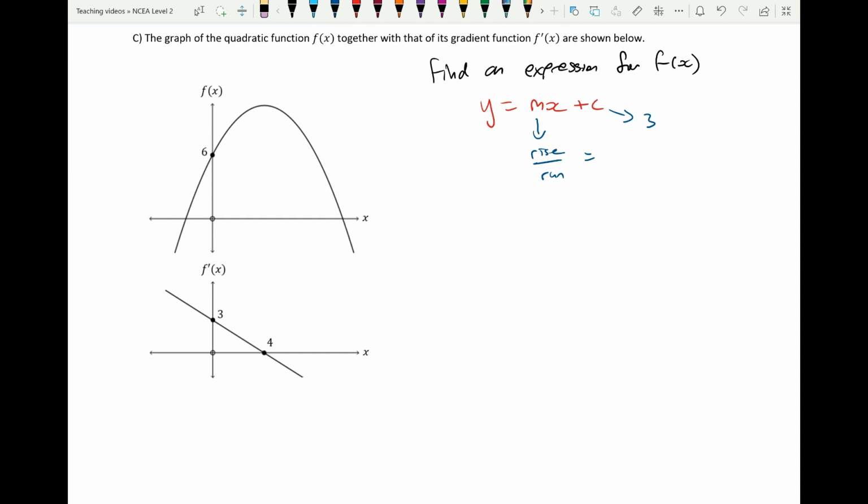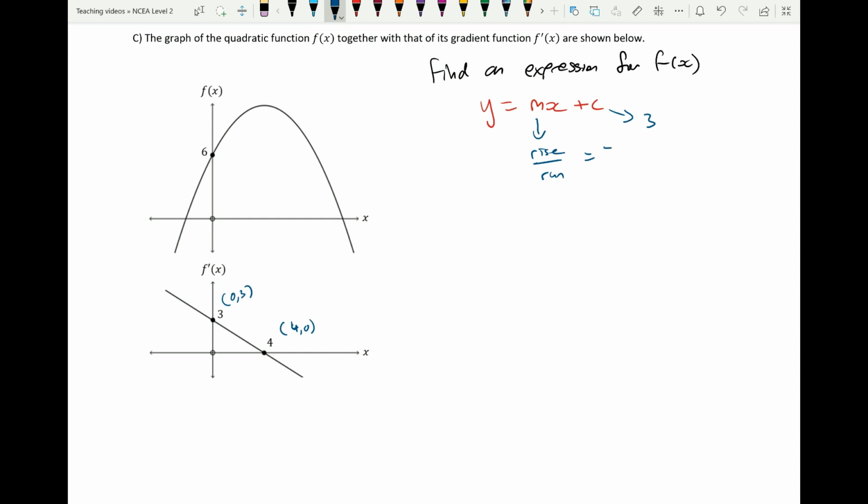Now, because we've been given 2 points, we can work out the gradient. So this one, the coordinates are 0, 3, and this one, the coordinates are 4, 0. So from 0, 3 down to 4, 0, we've gone down by 3 and across by 4.